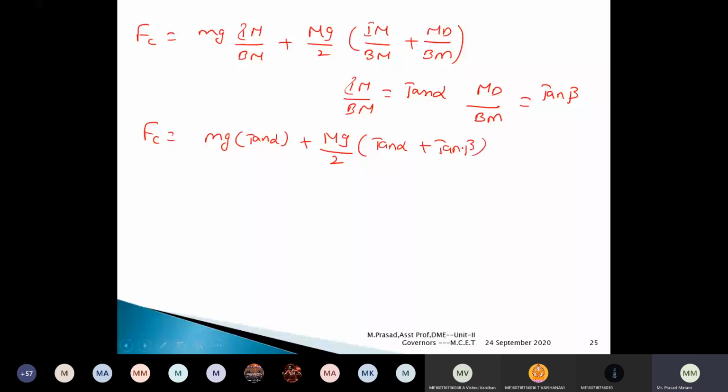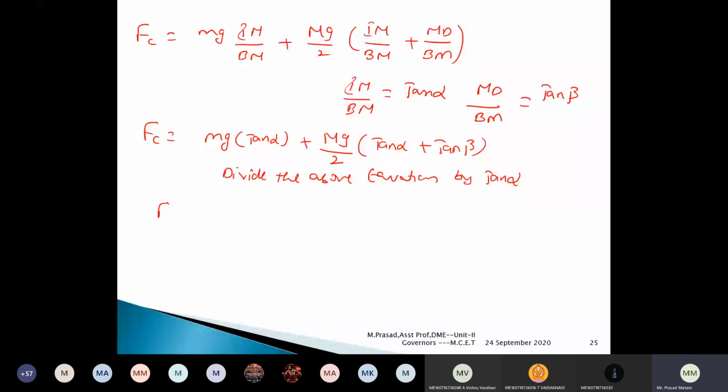Now divide the total equation by tan alpha.